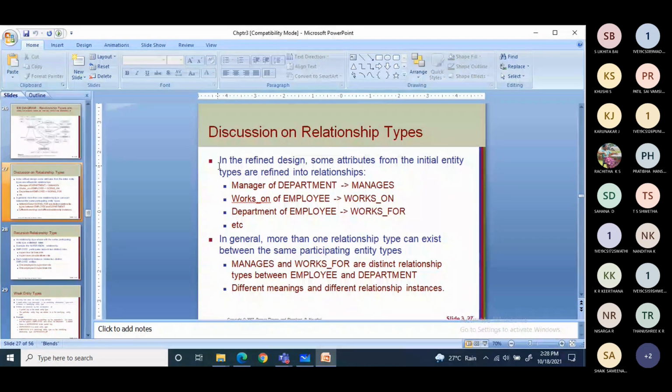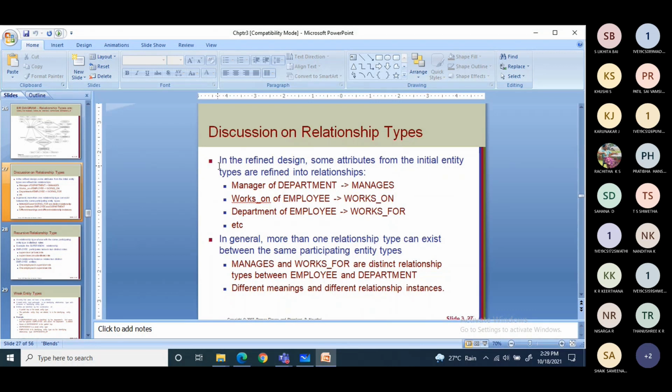The best example is manages and works for, which are distinct relationship types between employee and department. The manager manages, or employee manages, or employee works for.